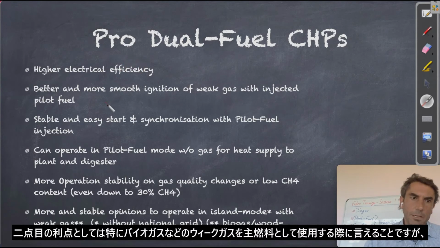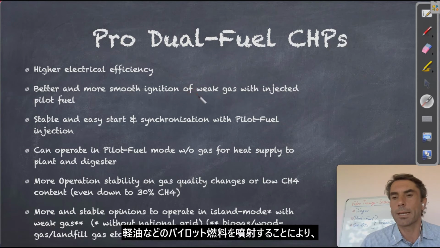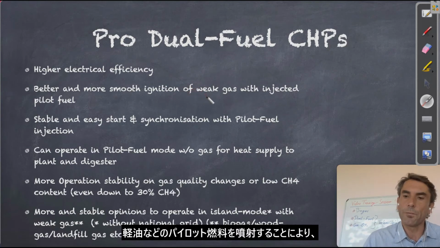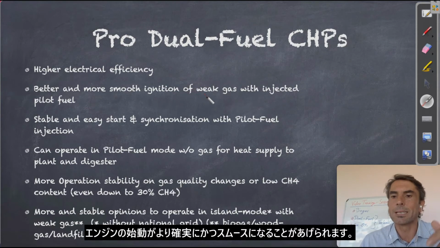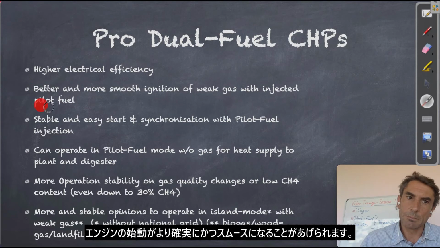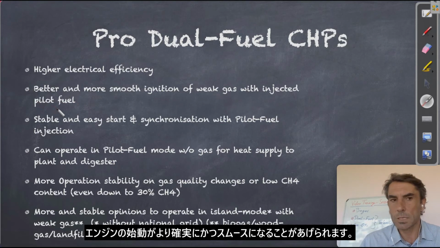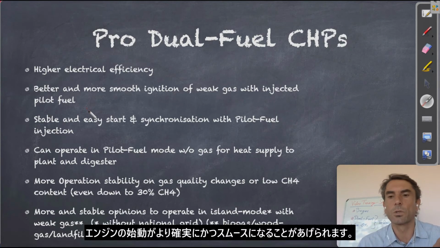As well, a big benefit is a better and smoother ignition for weak gas, especially where the gas is fluctuating or the flame speed of the gas is slower, so the CH4 content is lower. It's much easier for a dual fuel system to burn the gas properly and burn the whole gas. That means not wasting gas through the exhaust.